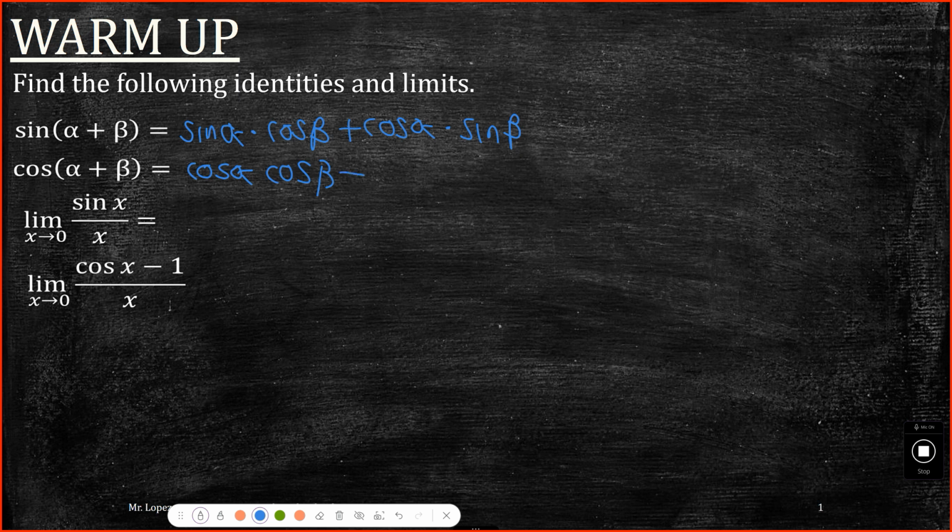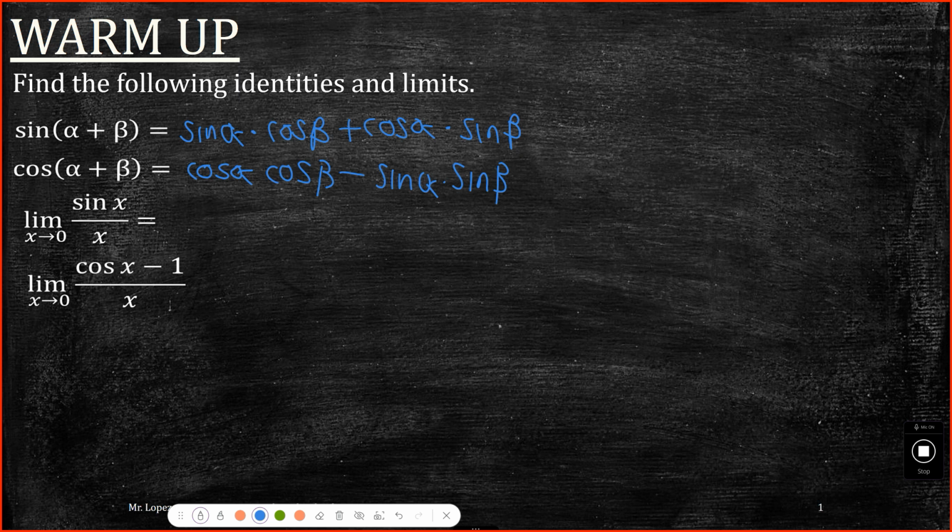And it's good to remember cosine. There's a theme to it. Cosine starts with the C. It has a minus. Sine alpha times sine beta. These are just identities, and just believe that this is true because we're going to need it for the proofs of today.